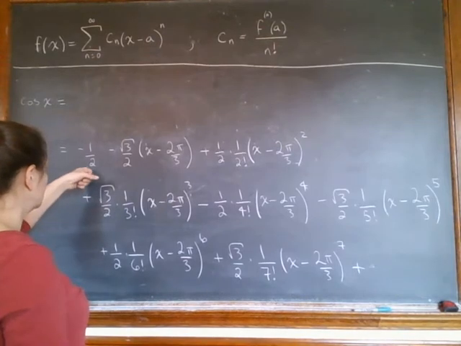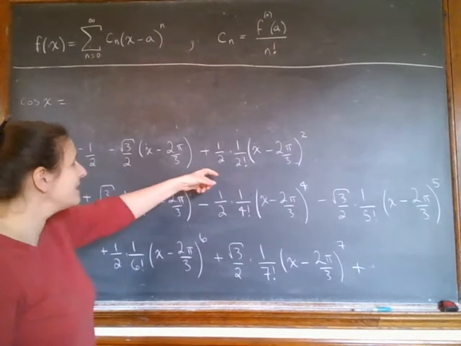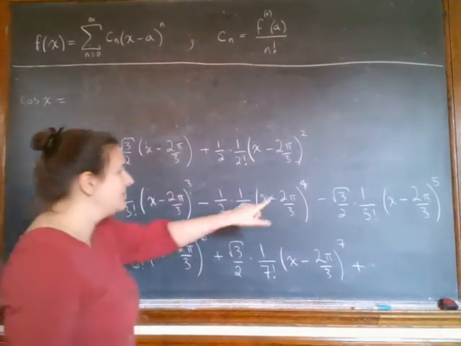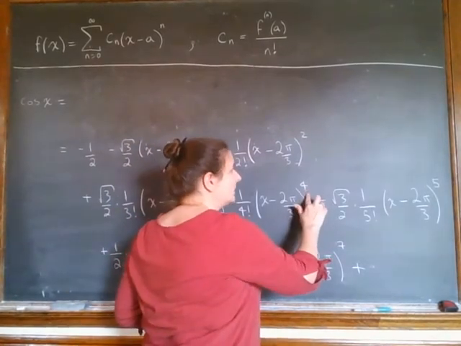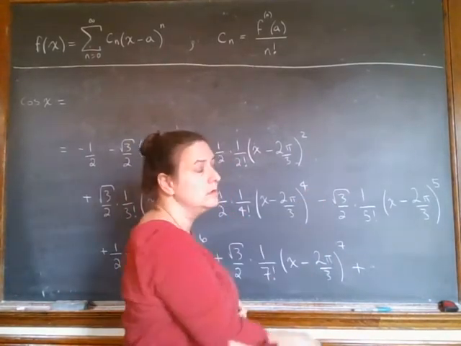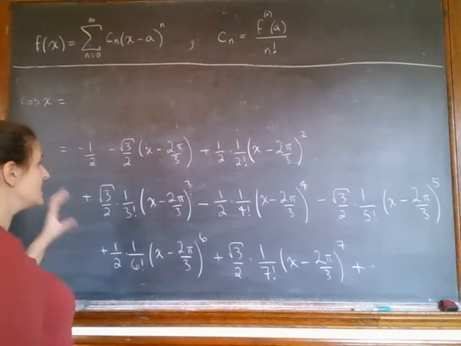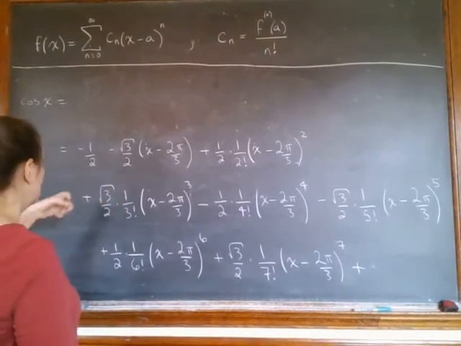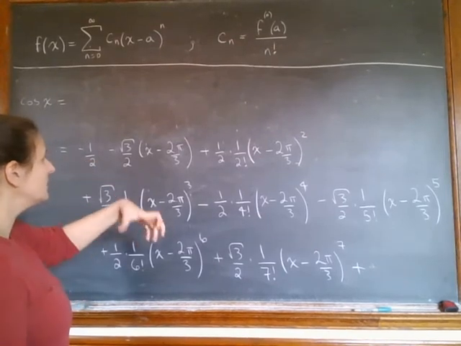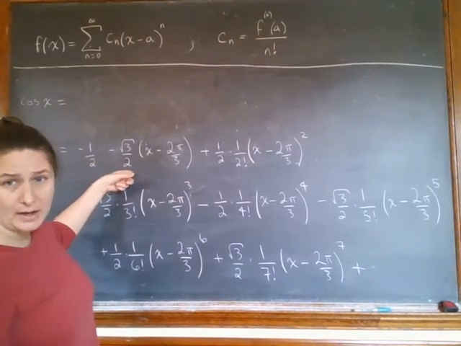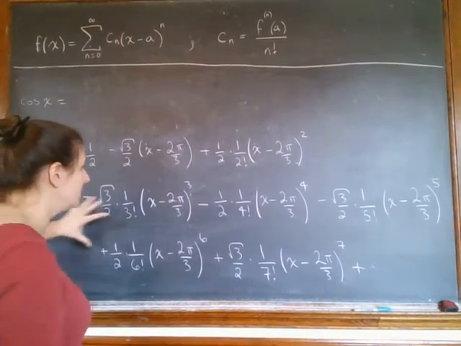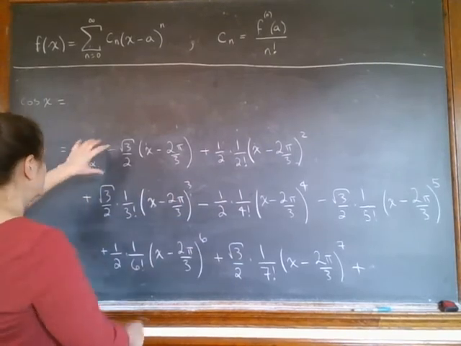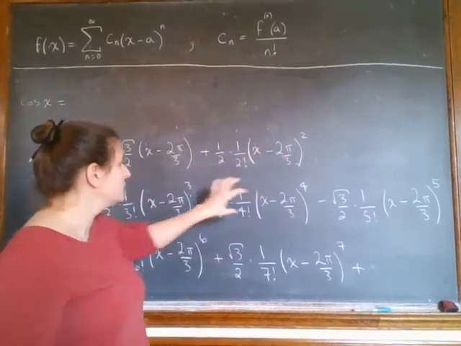The even terms actually have a 1/2. When we talk about even and odd, I'm specifically talking about the power here, which is our n, right? So the ones that are even, because they come from the cosine, have a 1/2, and the ones that are odd have a √3 over 2. That's why I didn't multiply it all out, because you can see those in each of those terms.